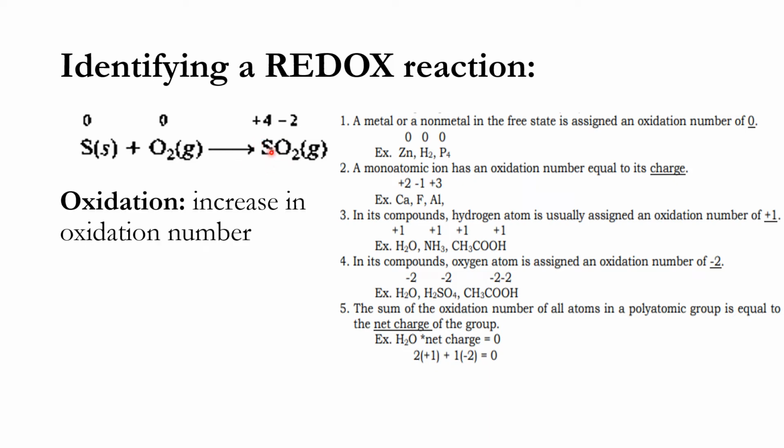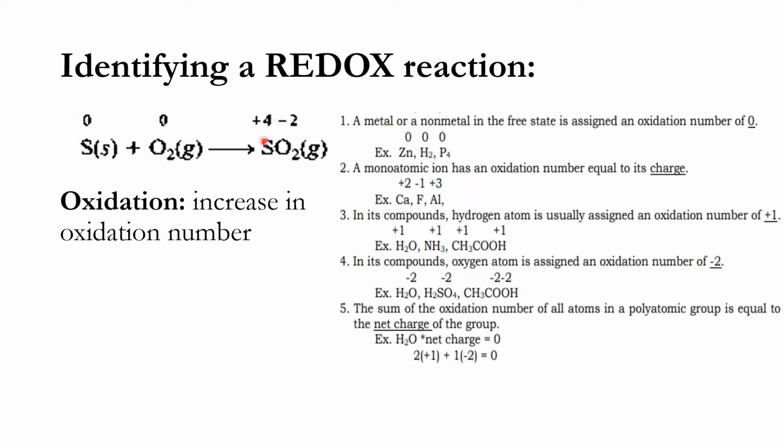Which between our two atoms in the left side of the equation, the reactant side, did increase in oxidation number? Notice that sulfur's initial oxidation number, in the reactant side, is 0. After the reaction, in the right side, it becomes +4.